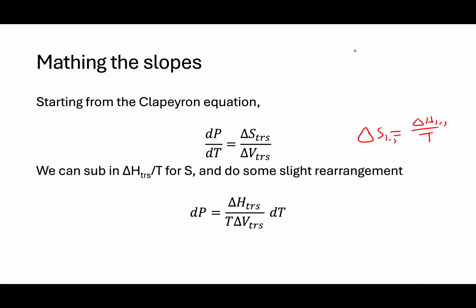So we can sub in H over T for S, and we do a little bit of rearrangement. Now we have pressure on one side and temperature on the other side. Maybe from here you can see how these things are going to progress. Now, we're going to start from here.